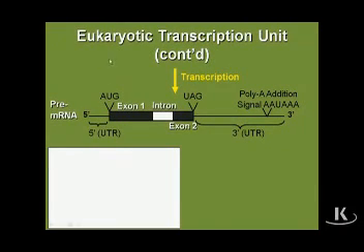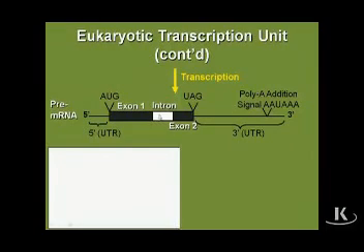Now, before the messenger RNA completely matures, we call it pre-mRNA. How do we know this is pre-mRNA? Well, one of the tip-offs is that it still contains the intron sequence. Somewhere before this becomes fully grown, fully mature messenger RNA, that intron is going to need to be removed.